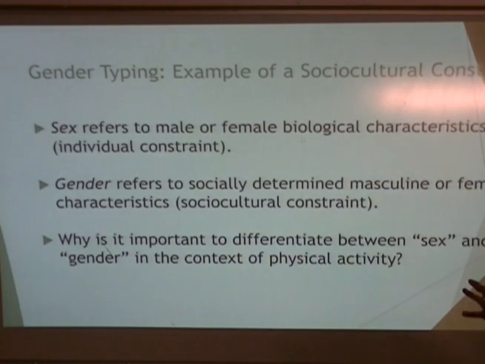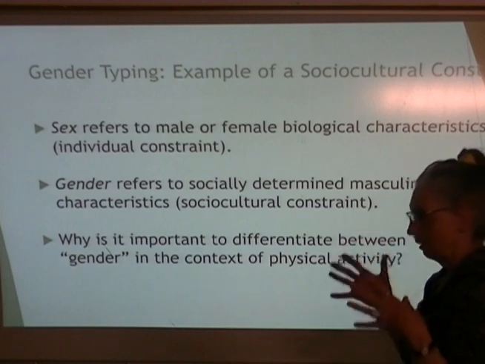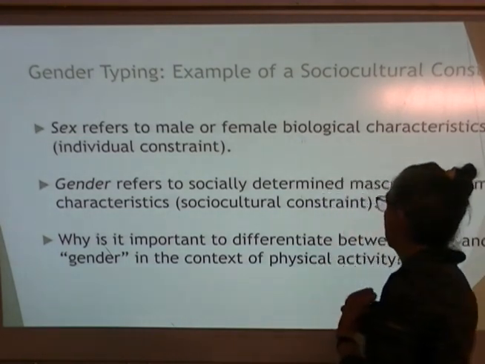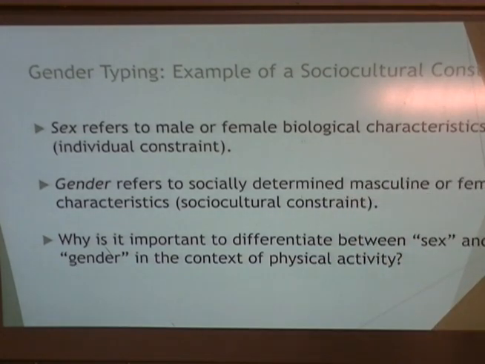Gender is the role that I am taught to play in my group, right? So it's socially determined, okay? Not male or female, but am I a man or a woman, or a boy or a girl?